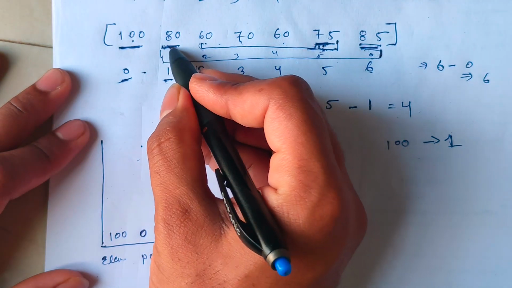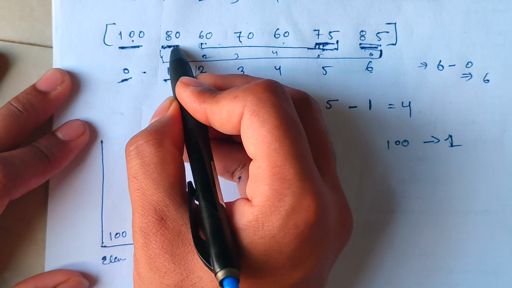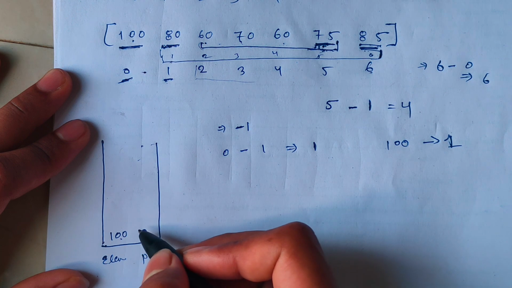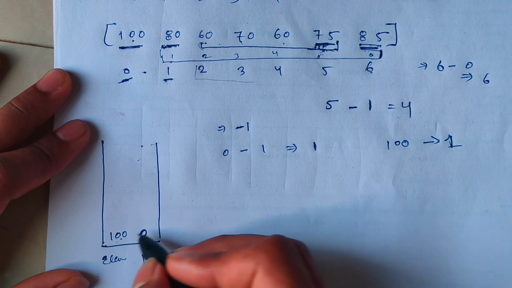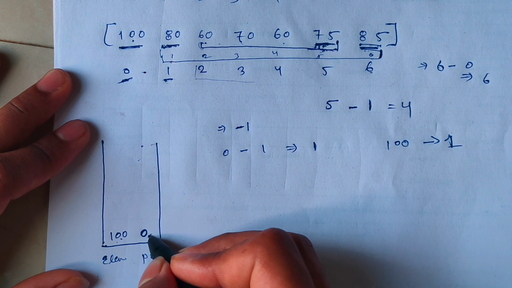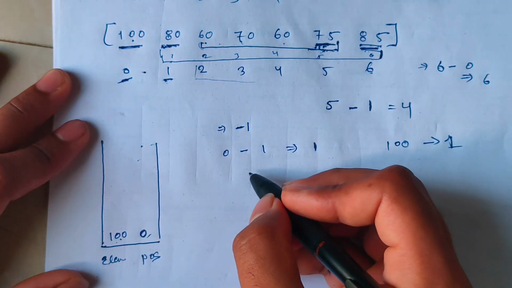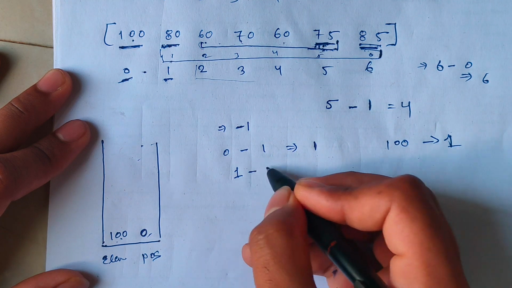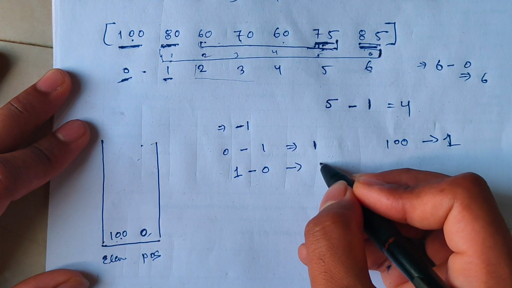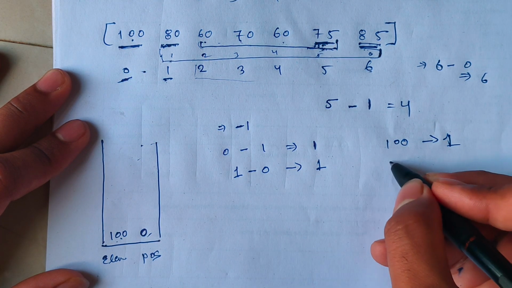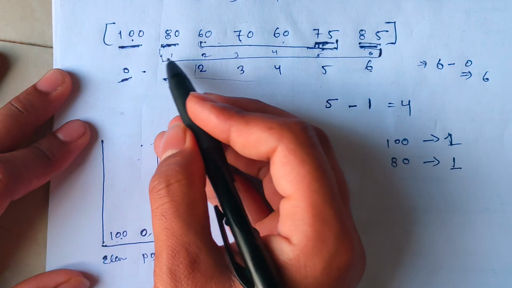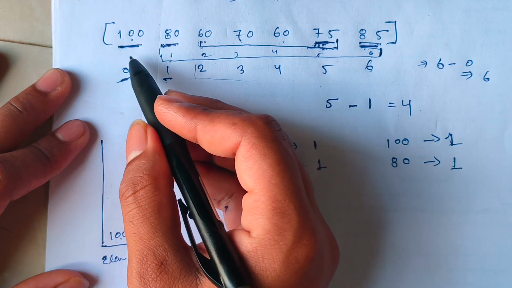Let's go to 80. 80 can see that 100 is greater than 80, and its position is 0. So 80's position is 1 and 100's position is 0. So the total number of elements is 1. So for 80, there is a total of 1 element which is less than or equal to 80 just before 80.